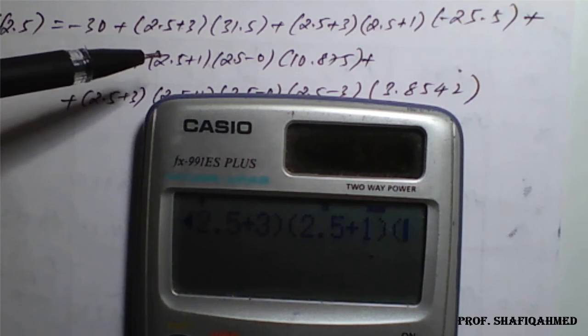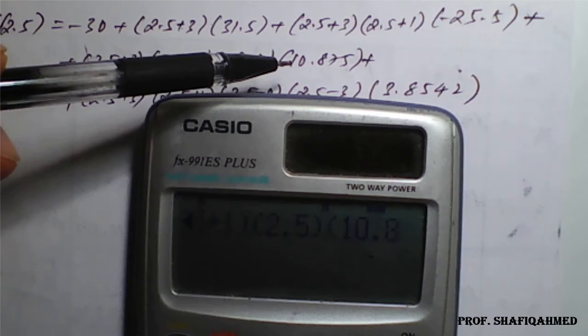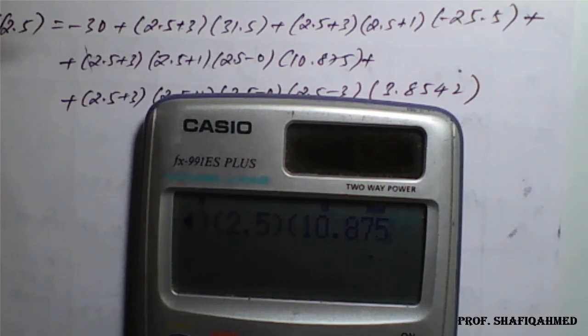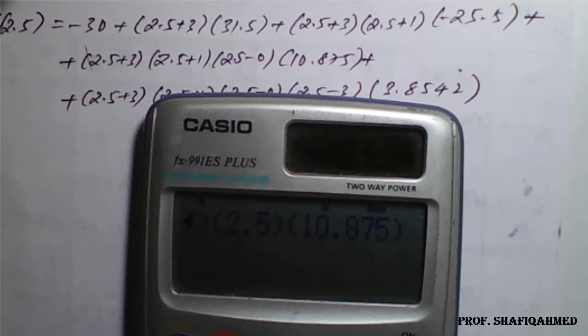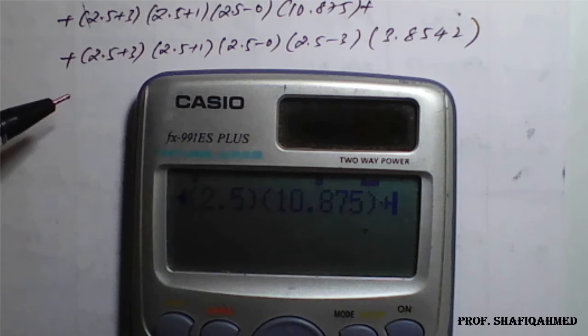Next bracket is 2.5 minus 0, it is 2.5 only, into 10.875. So close the bracket.